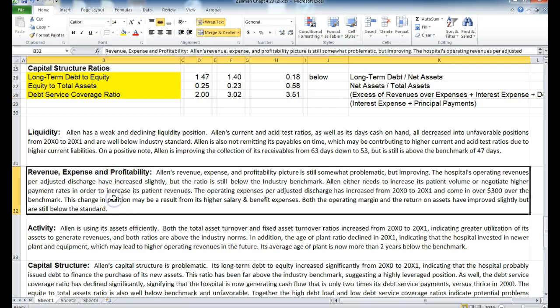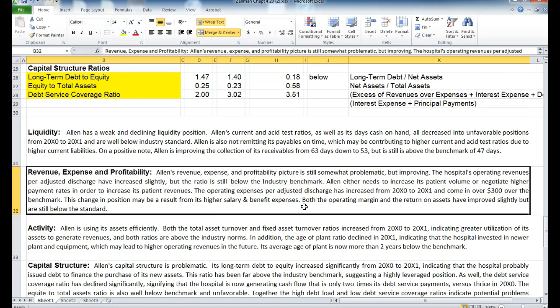We spoke about the revenue, expense, and profitability, that although their revenue increased, their expenses increased as well, and they need to look at either increasing their patient volume or negotiating higher payment rates to increase patient revenue. The operating expenses per adjusted discharge is what we spoke about, right?